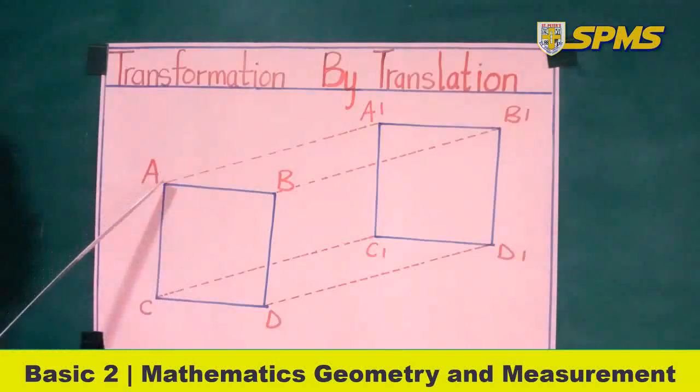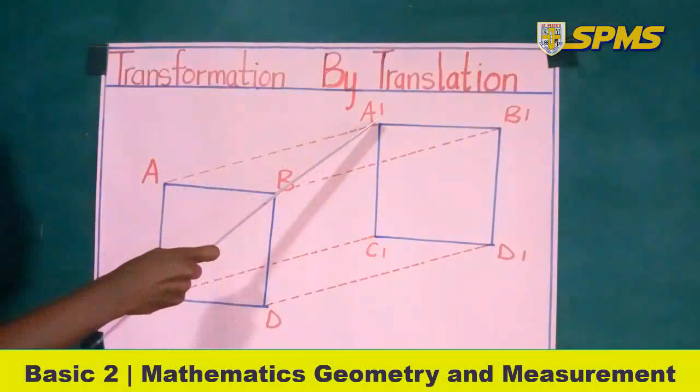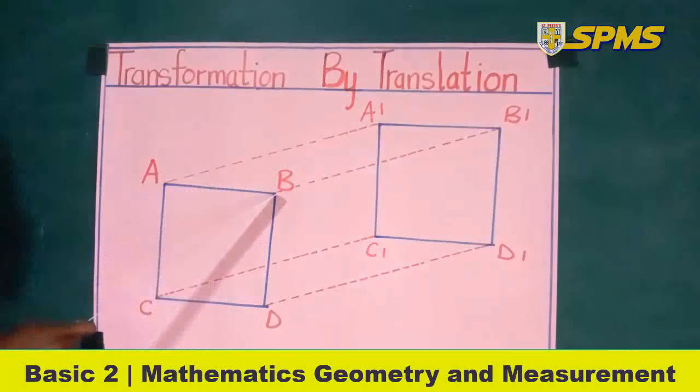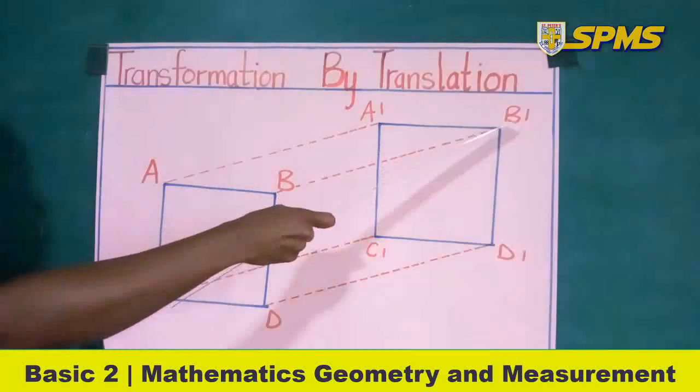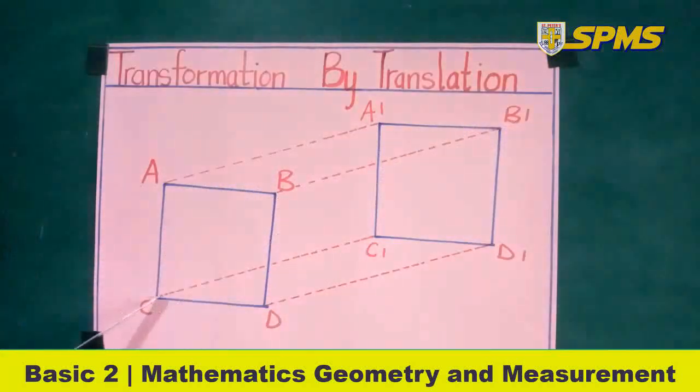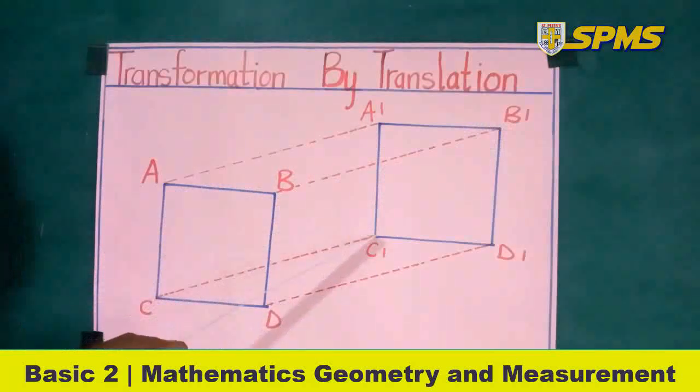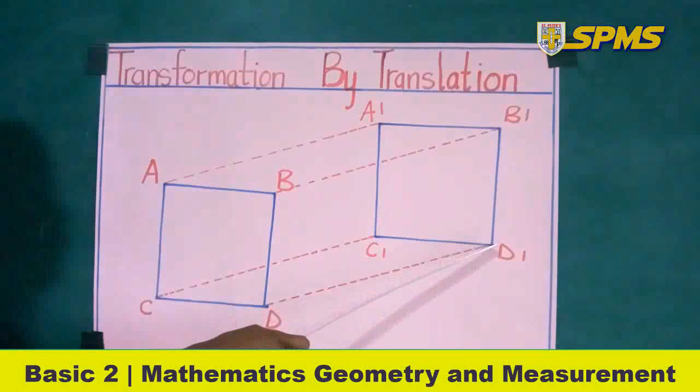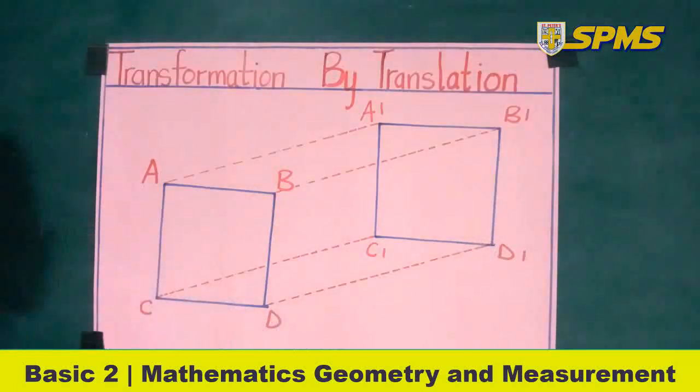The broken lines. You can see the broken line from A to A1, B to B1, C to C1, D to D1. These are the features you need to take a good look at when you are transforming. Good.